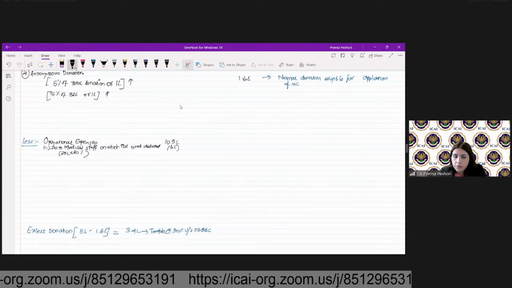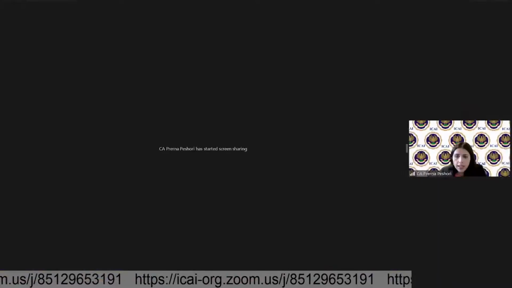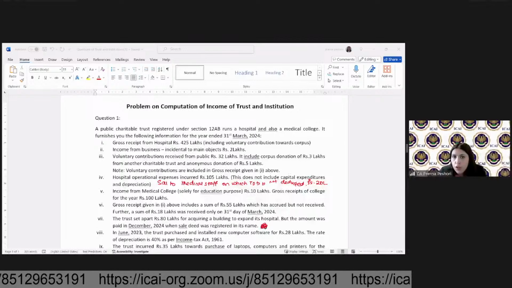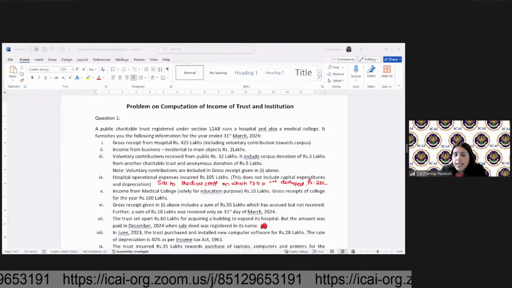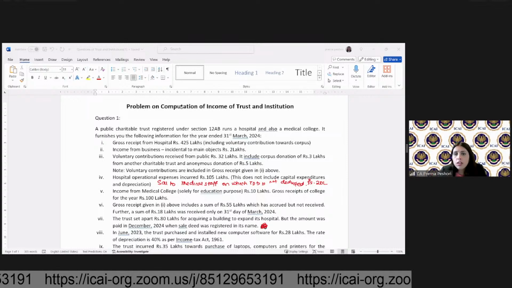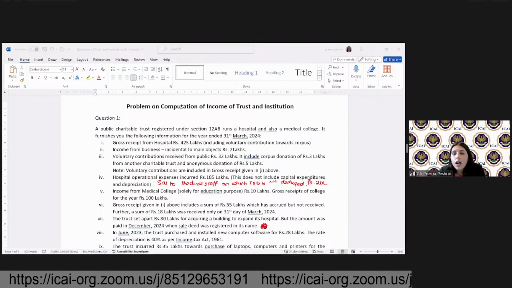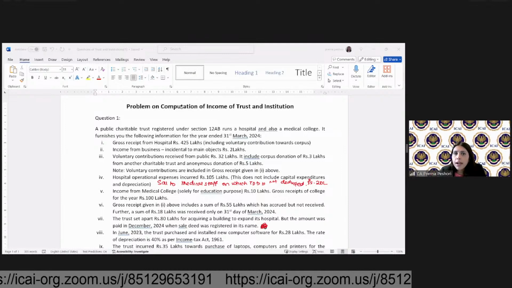Fine. Then you have the next particular item: income from medical college solely for educational purposes, rupees 10 lakh. The gross receipts of the college for the year were rupees 100 lakhs. So what would be the impact under this?